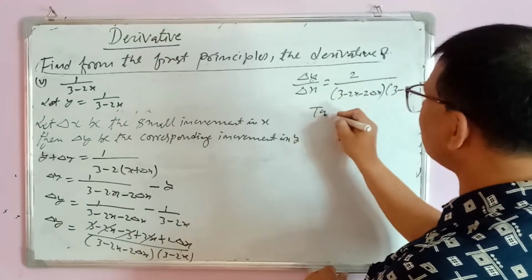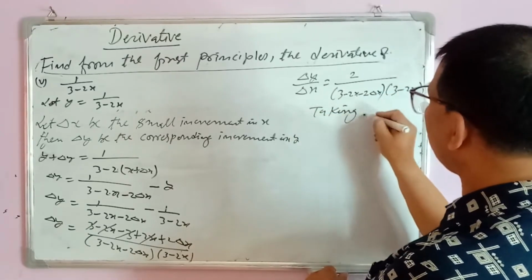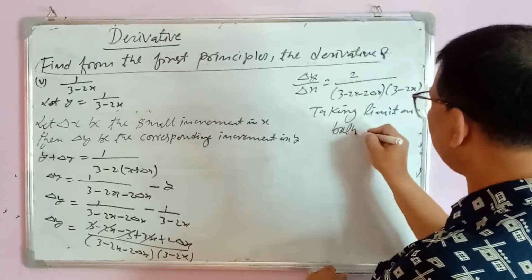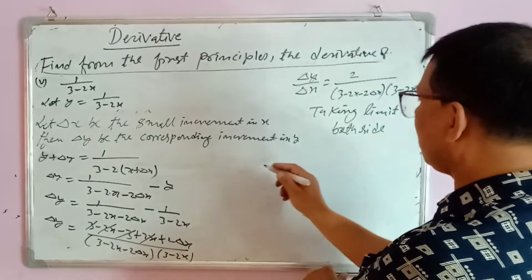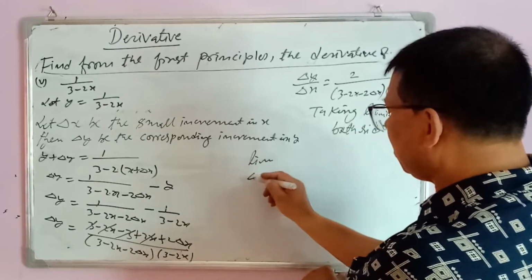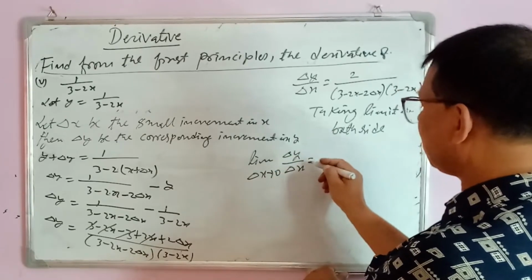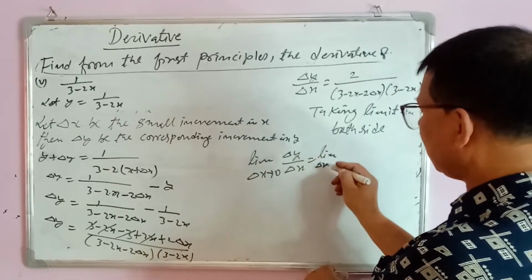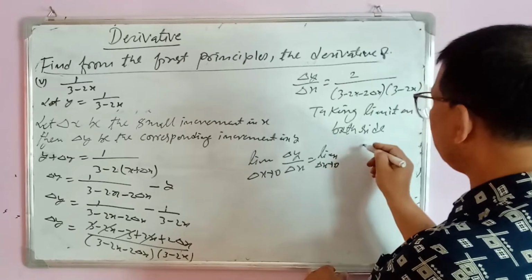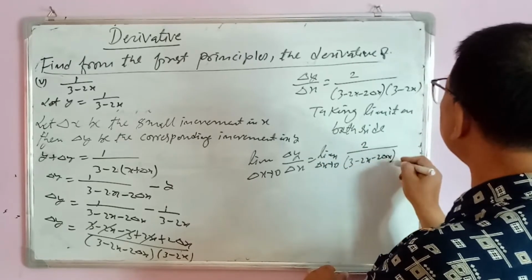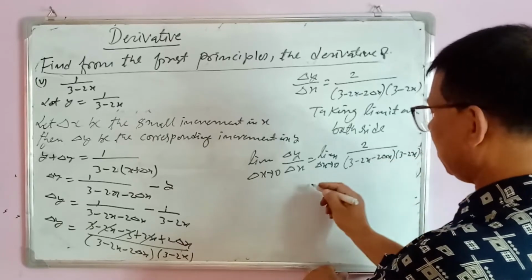Taking limit on both sides. Limit delta x tends to 0, delta y by delta x equal to limit delta x tends to 0, 2 by 3 minus 2x minus 2 delta x, 3 minus 2x.